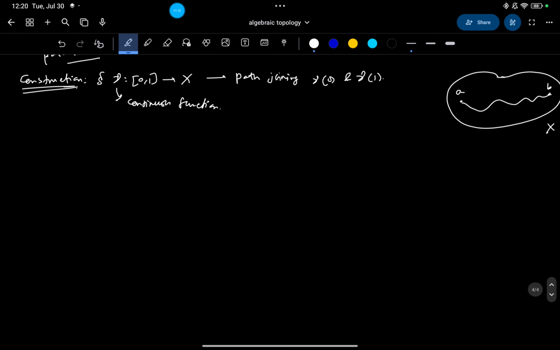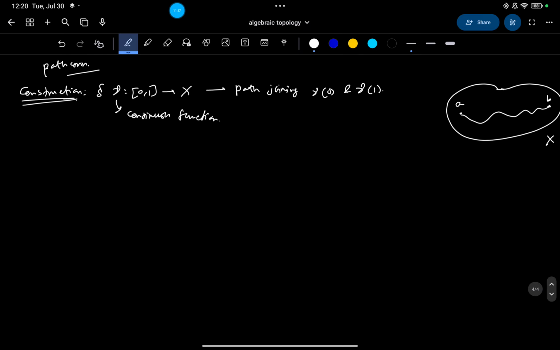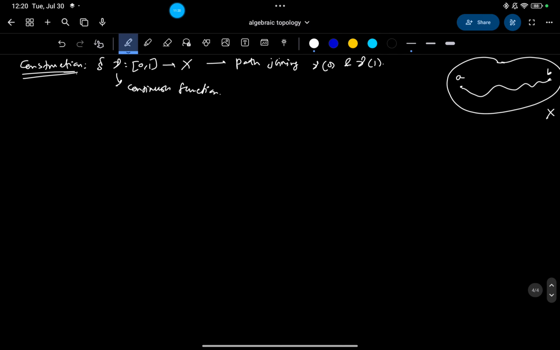Now we already have the notion of homotopy between continuous functions, so we can extend the same statement to studying homotopy between two paths in a topological space. That means suppose we have a topological space X and gamma 1 and gamma 2 both are continuous functions from [0, 1] to X, such that gamma 1(0) is the same as gamma 2(0) and gamma 1(1) equals gamma 2(1).